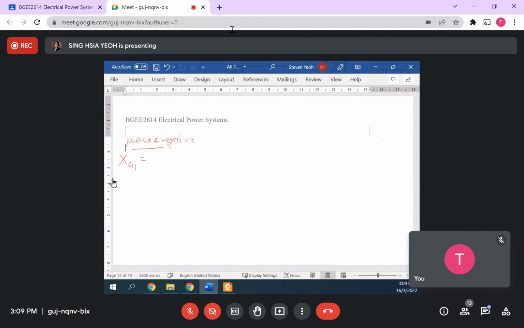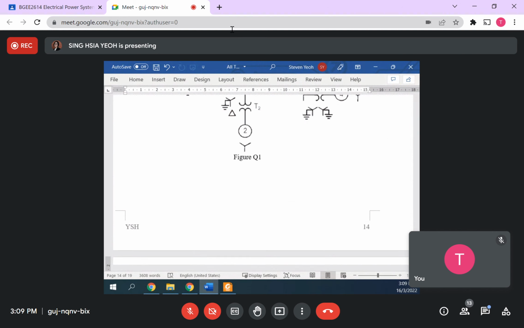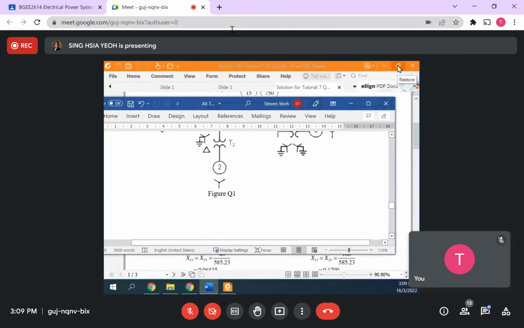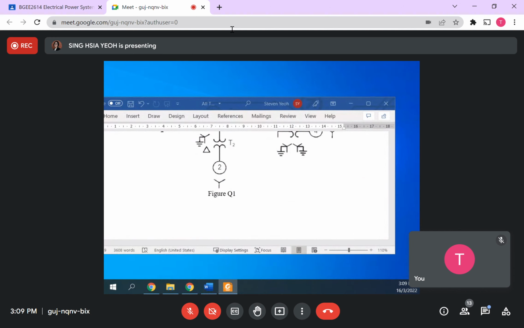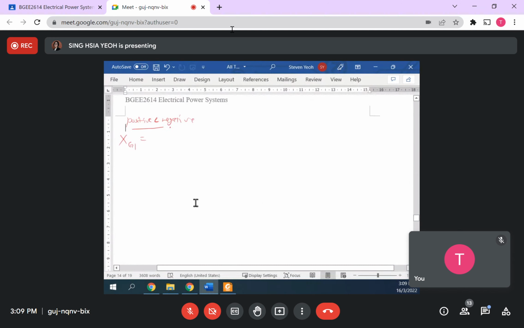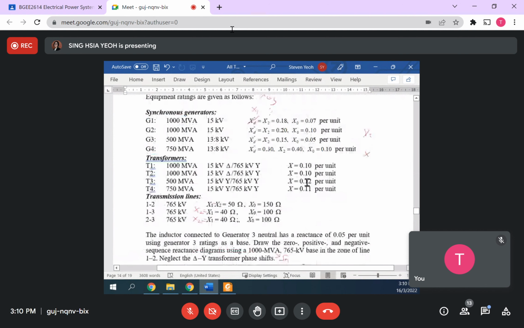G1, then XG2, XG3, XG4. XG4 you have two, positive sequence XG4 and negative sequence XG4, because your XG4 is the one that is different.